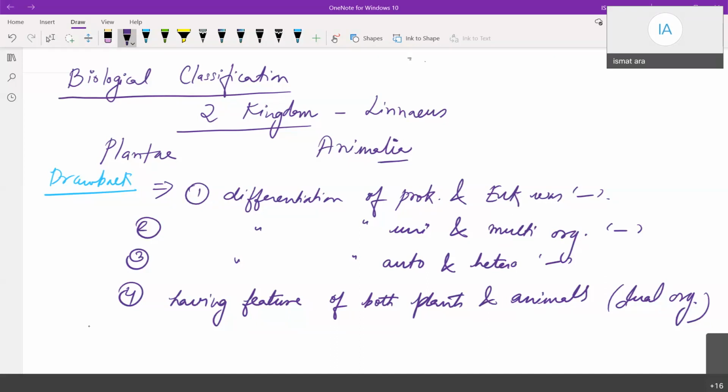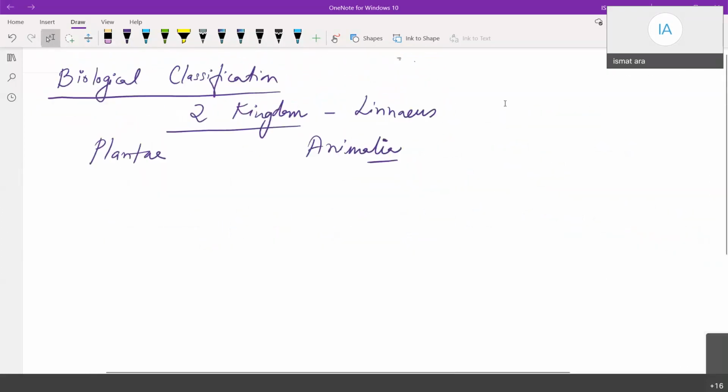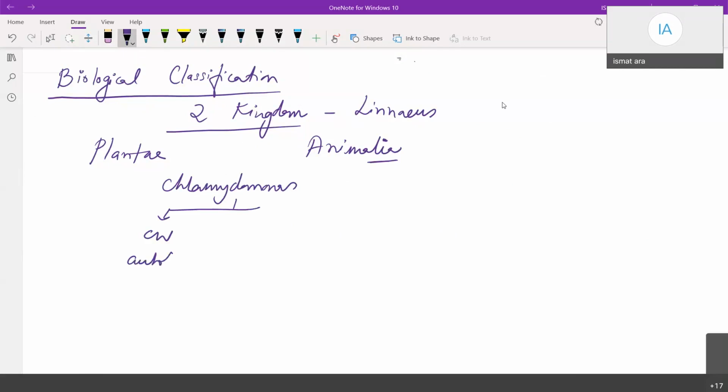Next, I'll give you some examples where you can find in one organism these two features, like dual organisms. Chlamydomonas: they possess a cell wall and are autotrophs, which are plant features.